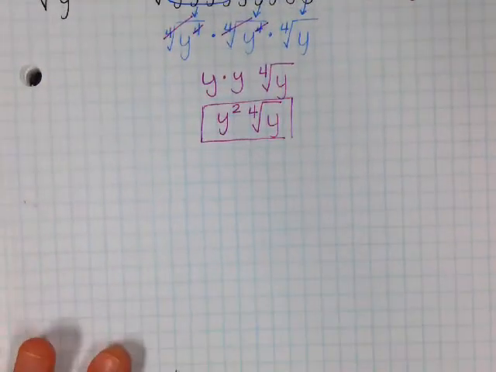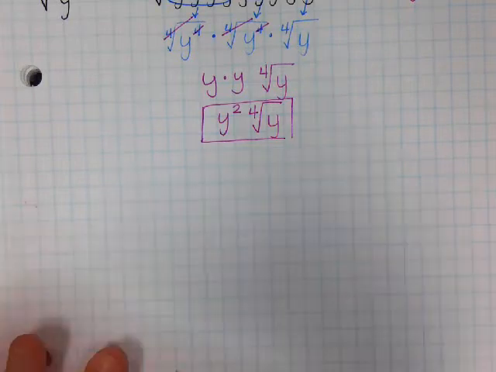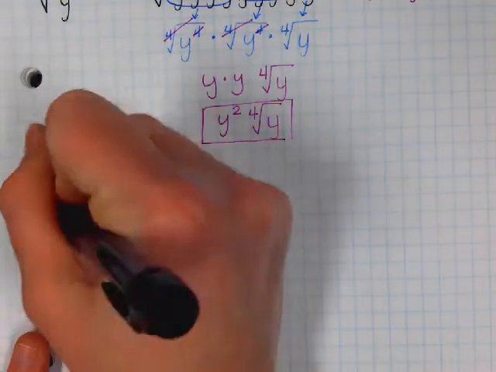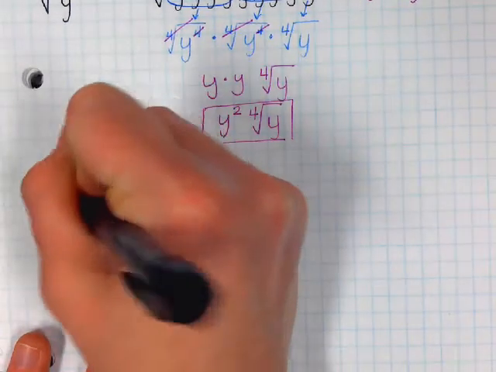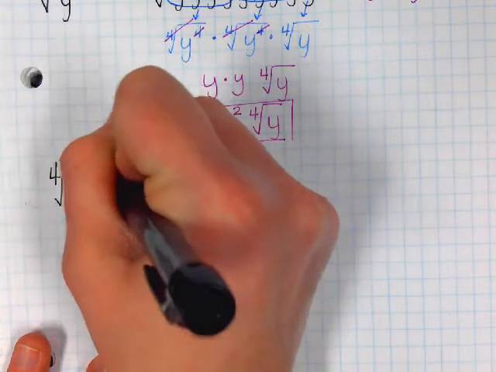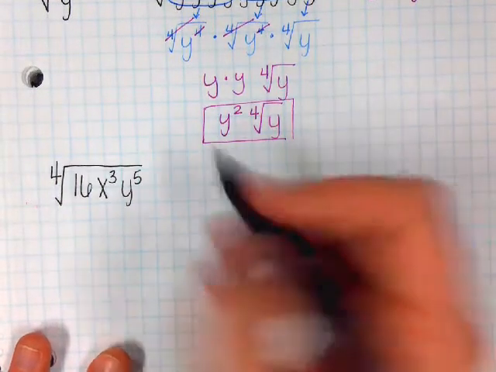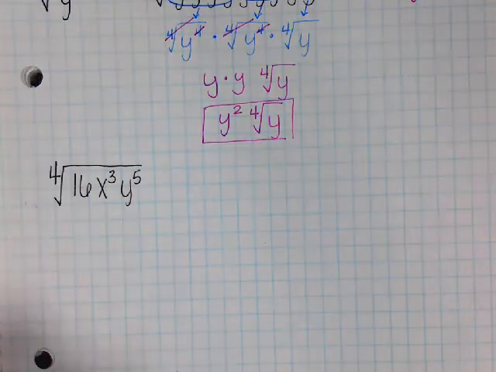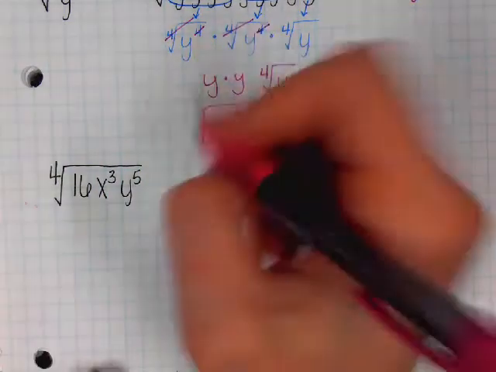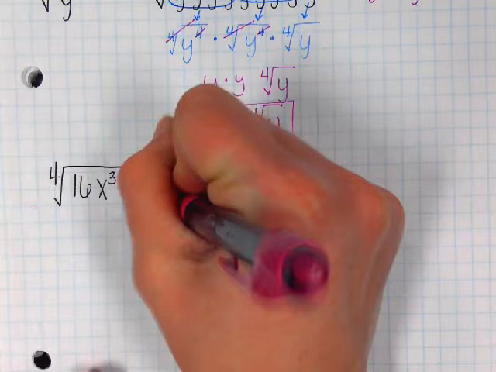Alright, so now let's combine numbers and variables together. So if we have the fourth root of 16, x to the third, y to the fifth. So first thing I'm going to do is do my factor tree for 16.